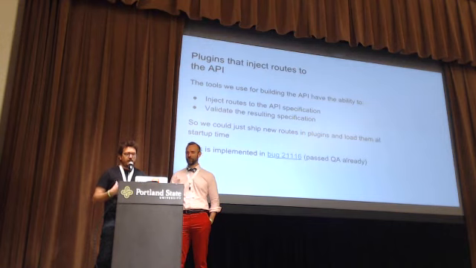This way, we can just add new endpoints using a plugin and have them validated, so it's fail-proof. If the plugin you are using is not good enough and the spec is broken, it will just skip it.